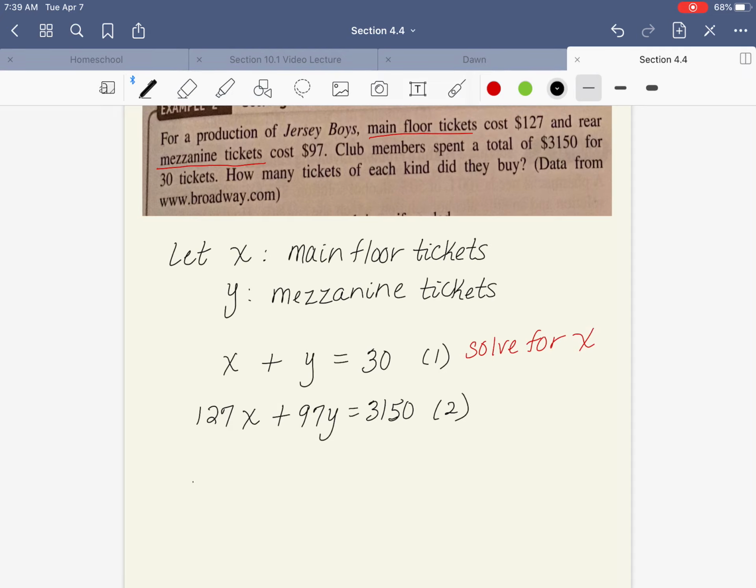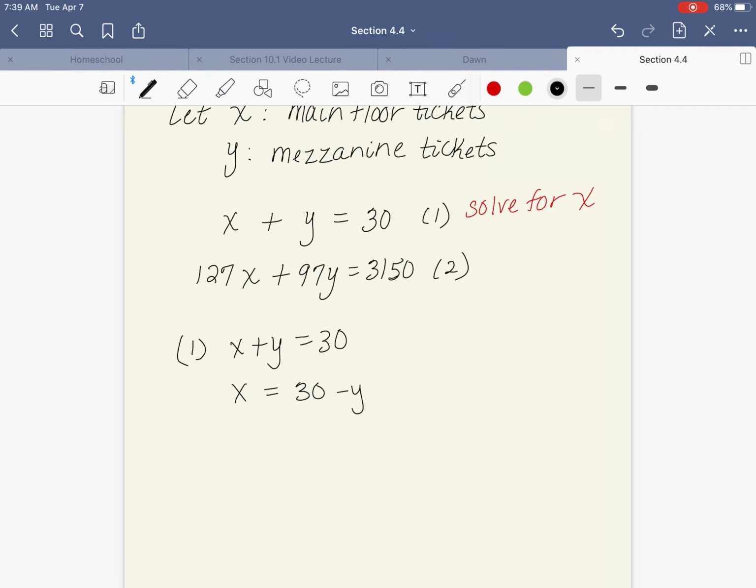All right, then equation 1 would be x is equal to 30 minus y. And then I'll plug that into the opposite equation for x. So 127 times 30 minus y plus 97y is equal to 3,150.